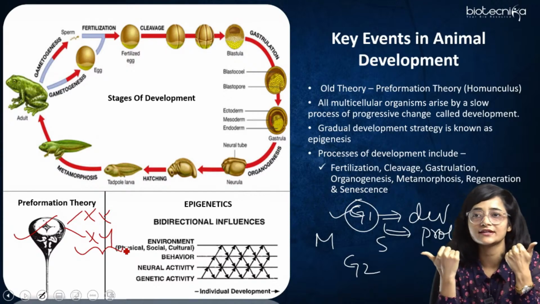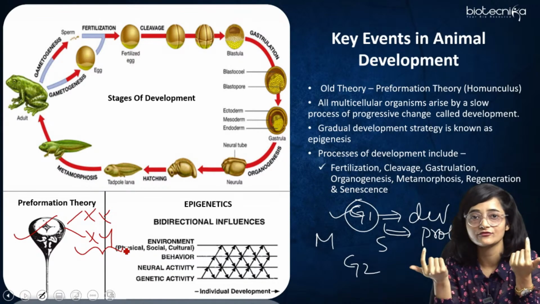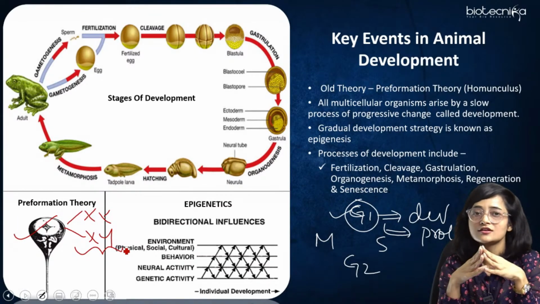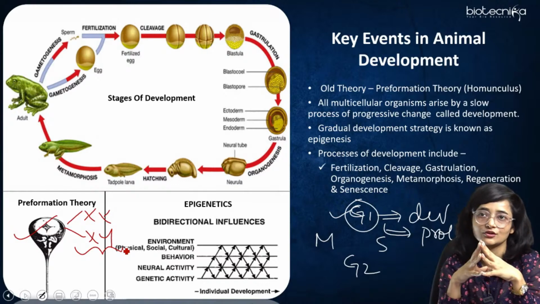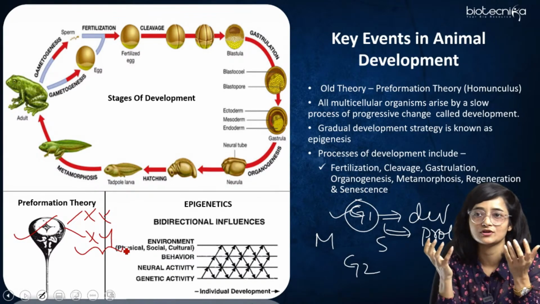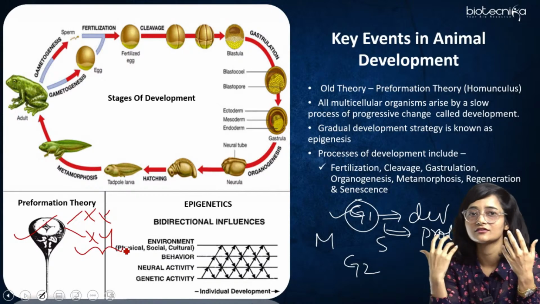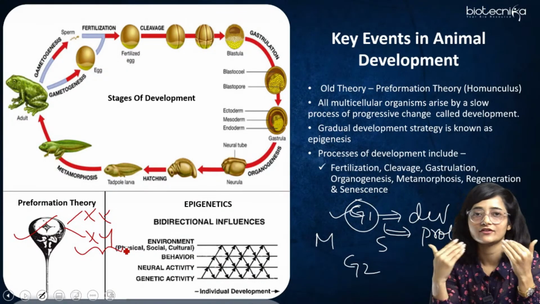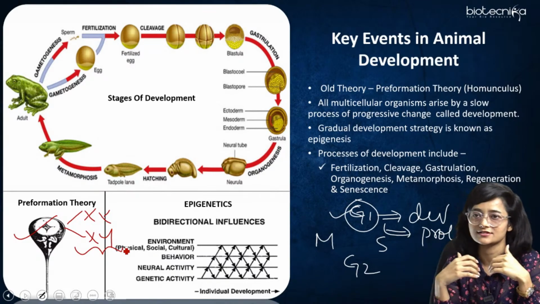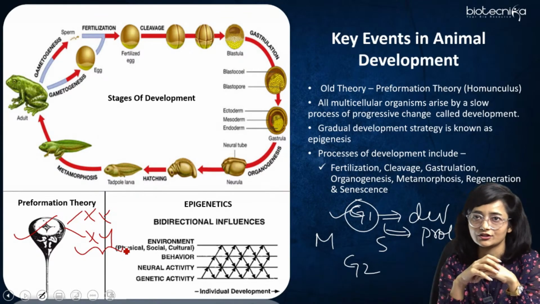So this shouldn't be the case if everything is pre-formed, everything is decided inside the sperm itself. Two different genders wouldn't have been there if this theory was correct. So this was the major drawback of the pre-formation theory, which says that everything is pre-formed inside the sperm, and when development takes place, this sperm gets converted into an organism. And this was the incorrect theory.